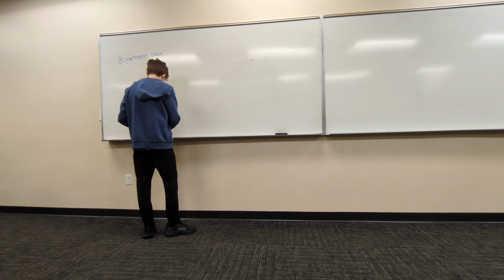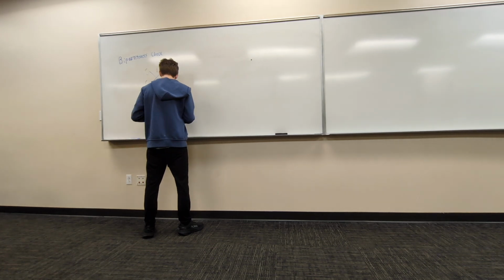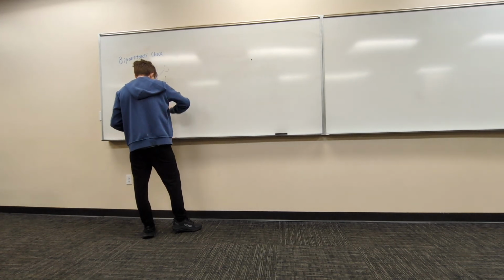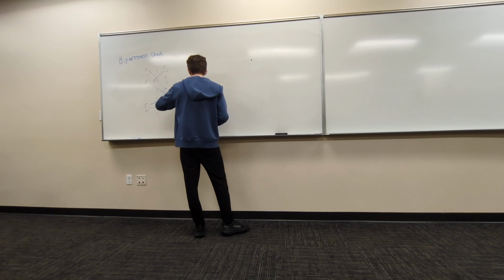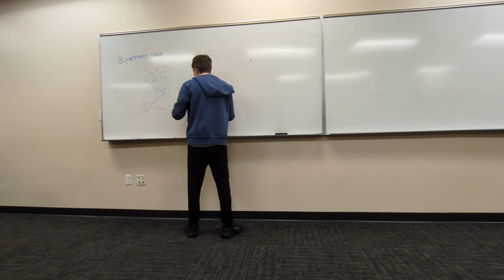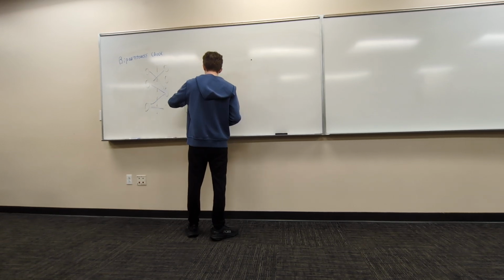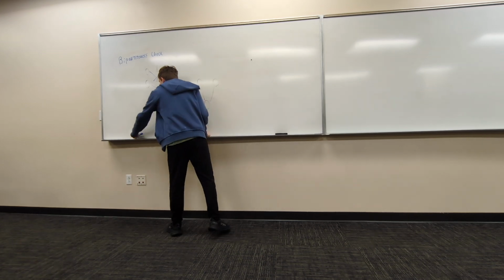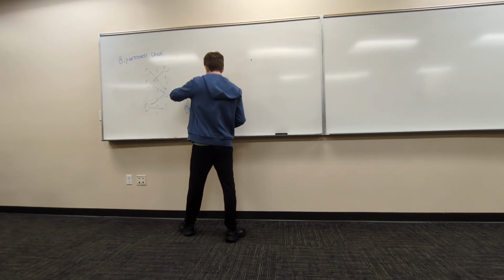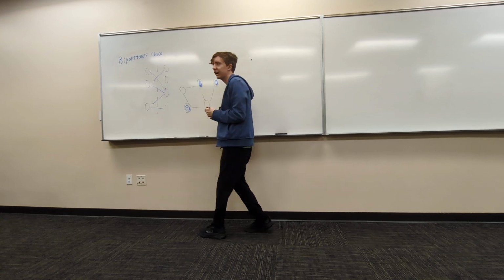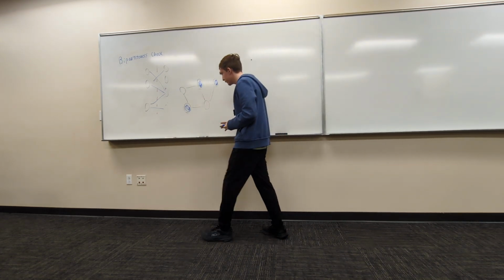No edges go between nodes that are on the same side. An equivalent definition is that a bipartite graph is one where you can color the nodes such that no two adjacent nodes have the same color.